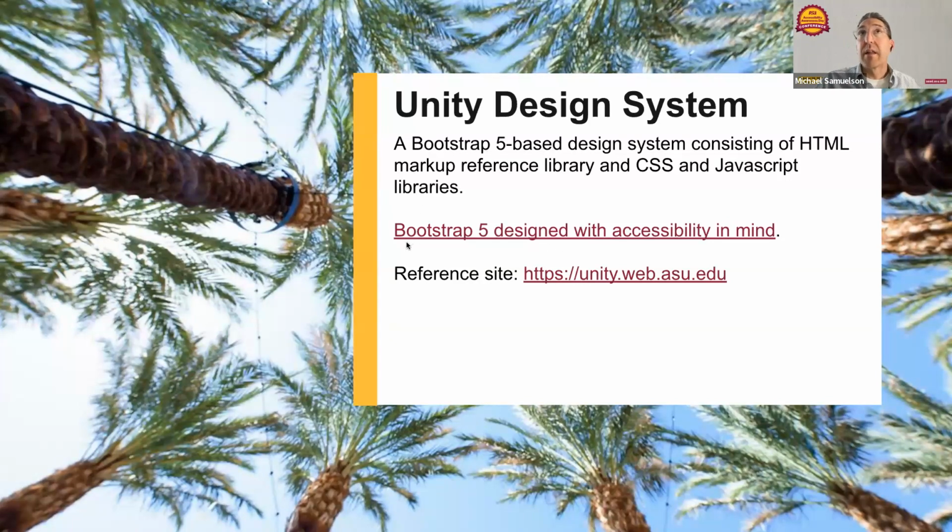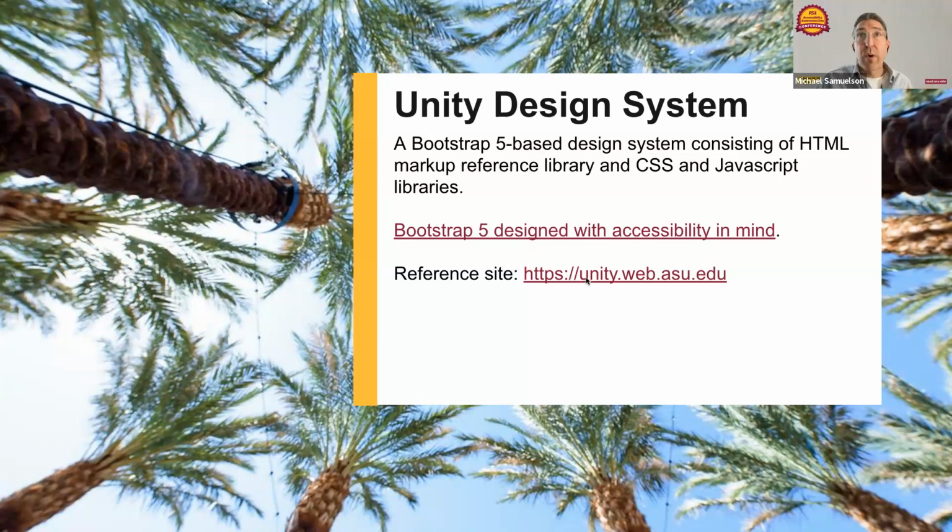So the Unity design system is a number of things, but at its heart, we have built on top of the Bootstrap 5 HTML and CSS framework for web pages and applications. And one of the reasons why we like it, it's used everywhere and it takes accessibility seriously.